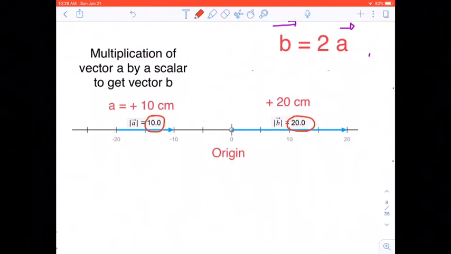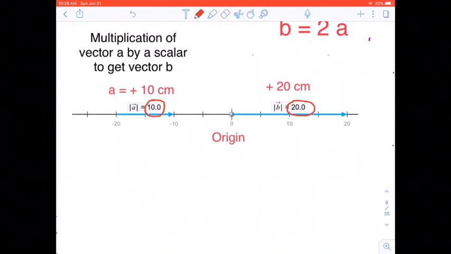So it is essentially displacement along the line, and B is plus 20 centimeters. So A is equal to plus 10 centimeters and B is equal to plus 20 centimeters.